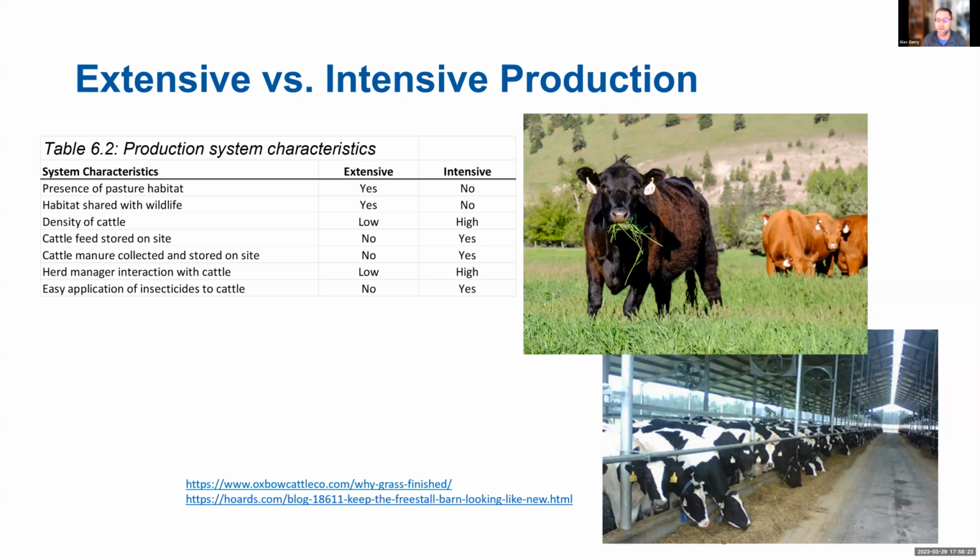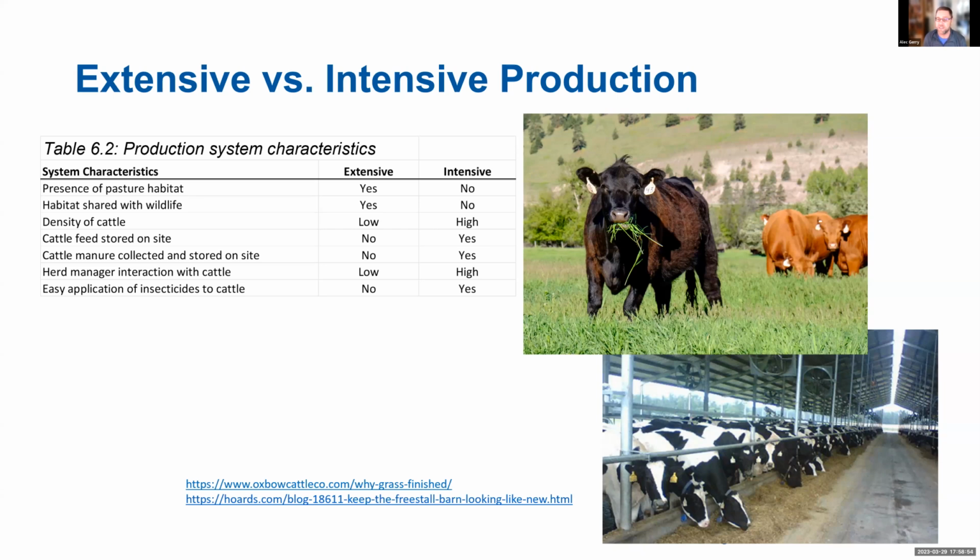The density of cattle is usually relatively low. Oftentimes they don't have extra feed on site. They're able to forage on their own. So they're simply foraging for food throughout that pasture region. Manure is not managed or handled. The cow pats that are dropped out in pasture are simply left out in pasture to decompose naturally, in a very natural sort of way.